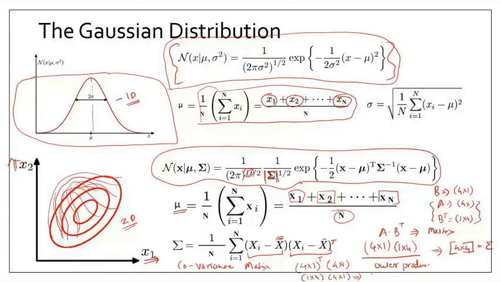So this will give you one quantity, one number. Whenever you do an inner product, you get only one number. Whenever you do an outer product, you get a matrix, and in this case it is called the covariance matrix. Okay, we will take a problem so that these things will be clear. I think I should stop here. We will start the discussion on this in the next class.